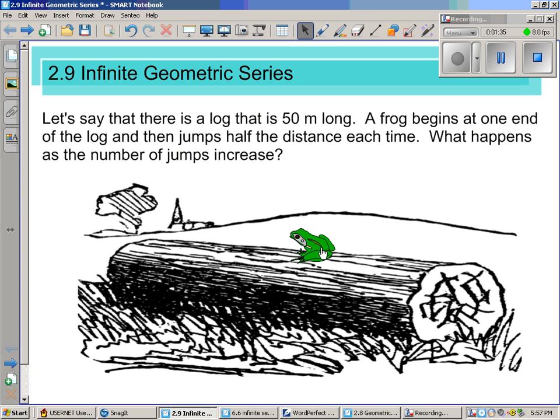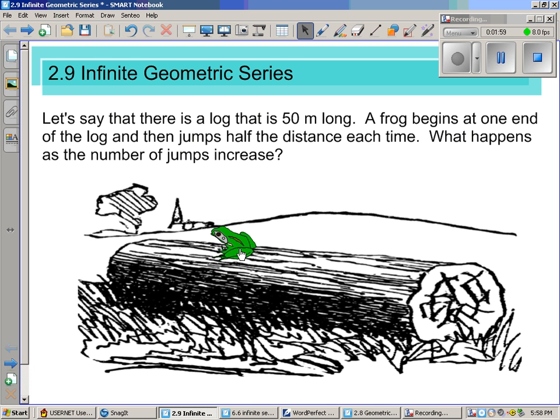Now the frog can only jump half the distance each time, so the next jump is half of 25, so 12.5 meters is what the frog jumps. And so on and so on. The question is, in theory, will this frog ever make it to the end of the log? If it can only jump half the distance, will it ever make it to the end?